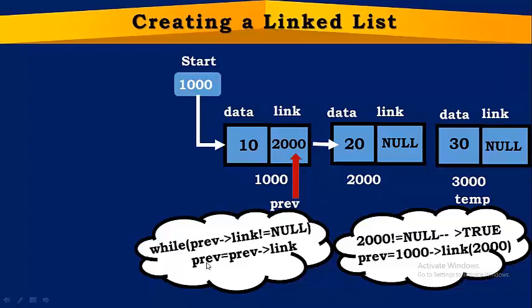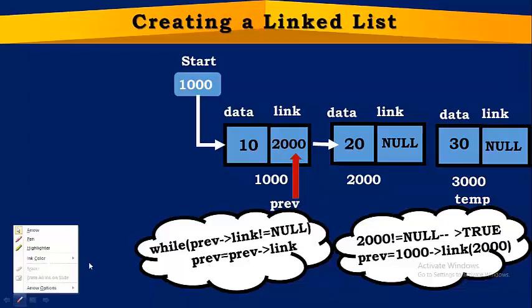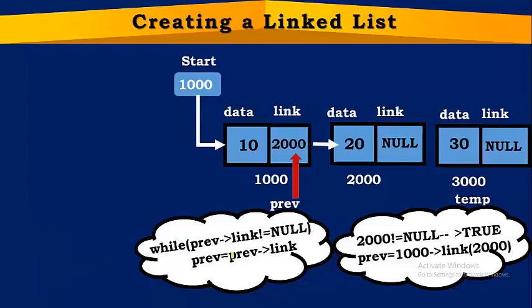So prev of link is assigned to prev. So 1000 of link, what does it contain? 2000. Now in prev you are storing 2000, which means prev is shifted to 2000. Okay, again the same thing.